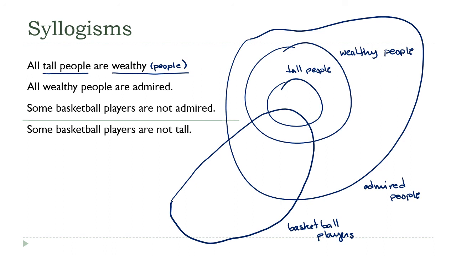Some basketball players are not tall. Well, that's true. Anybody in here would be a basketball player who is wealthy but not tall, and here we've got basketball players who are admired, and anybody in there would be not tall. So yes, it is possible. Some just says not necessarily all of them, but at least one is not tall. So this is a valid argument.